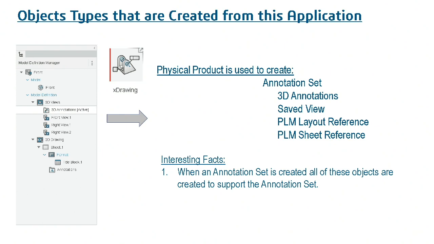And then underneath, you have the 3D annotations, layout and sheets and references, and that's what makes up an X Drawing object or document. If you'd rather use the word document, that's fine.